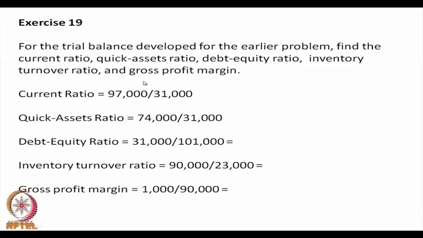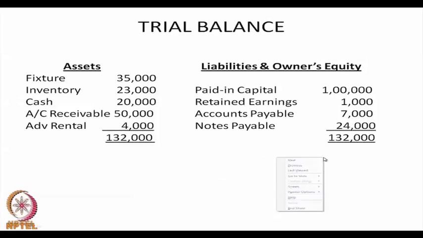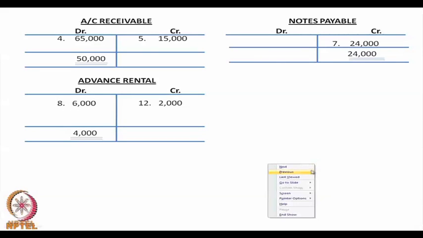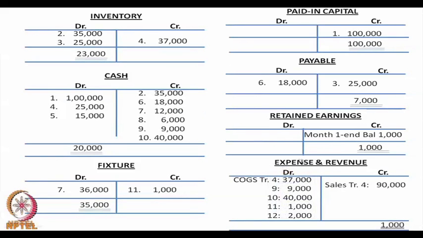Now, this is how we calculate various ratios from the balance sheet and from the profit and loss statement. By the way, where is the profit and loss statement? Profit and loss statement is somewhere here, the expense and revenue account. Although we did not write complete things, at least we have written the revenue here and the various costs here.